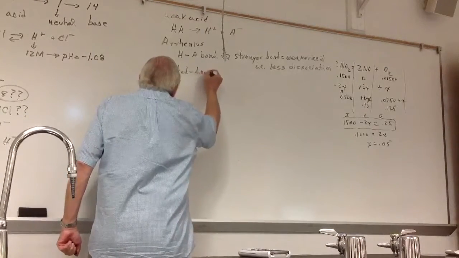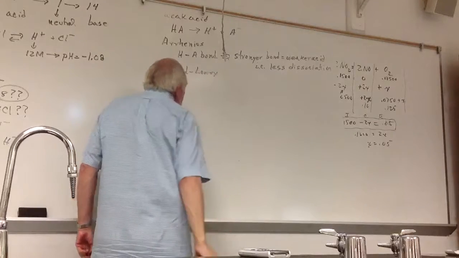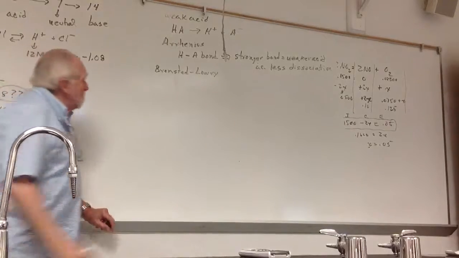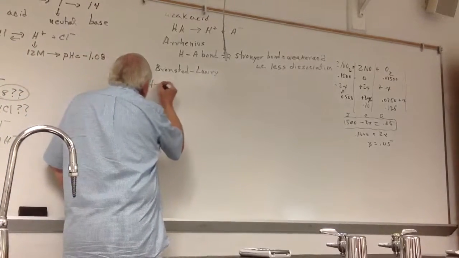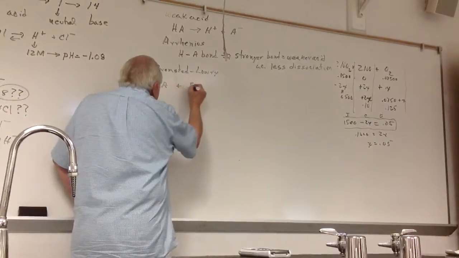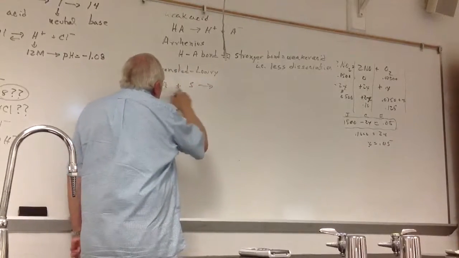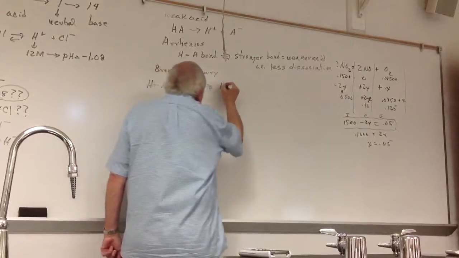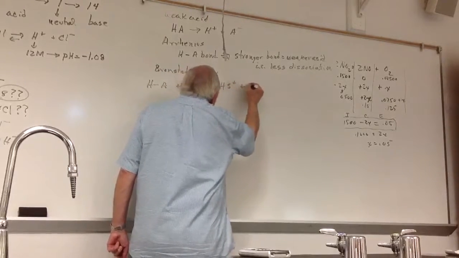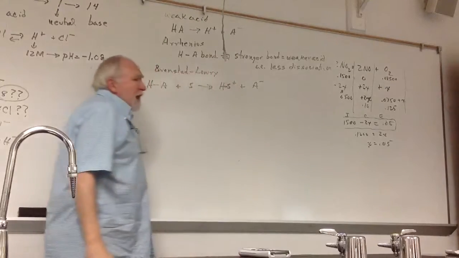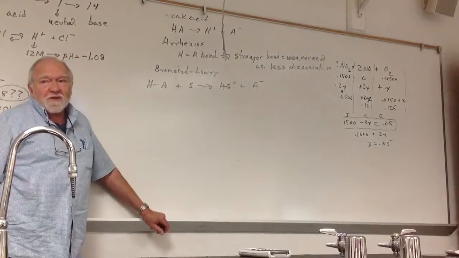Two different people. Bronsted-Lowry theory says you have to take into account the solvent. The hydrogen ion goes from here to the solvent. So now there are 2 bond strengths to worry about.